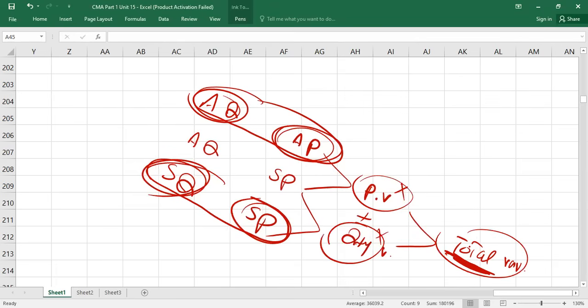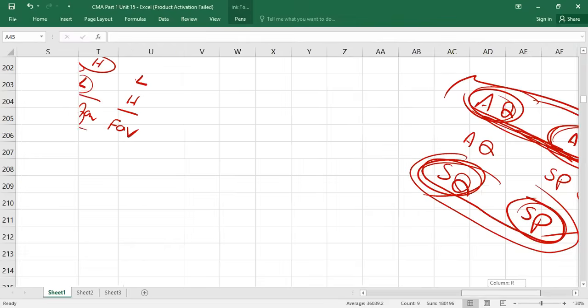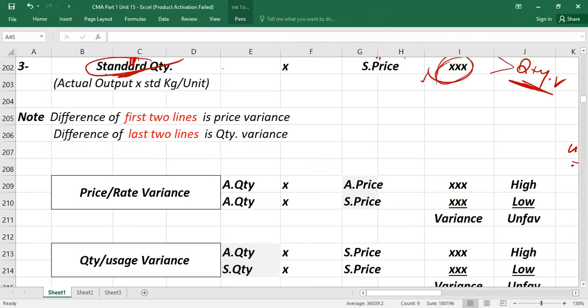So a similar answer you can get by taking the difference of the first line and the last line. This will give you total variance. And the rule is the same: if the first line is higher and the second line is lower, the variance will be unfavorable. If the first line is lower and the second is higher, the variance will be favorable. Understood? Now I'm going to do one question with you. Try to tackle it with me, guys.